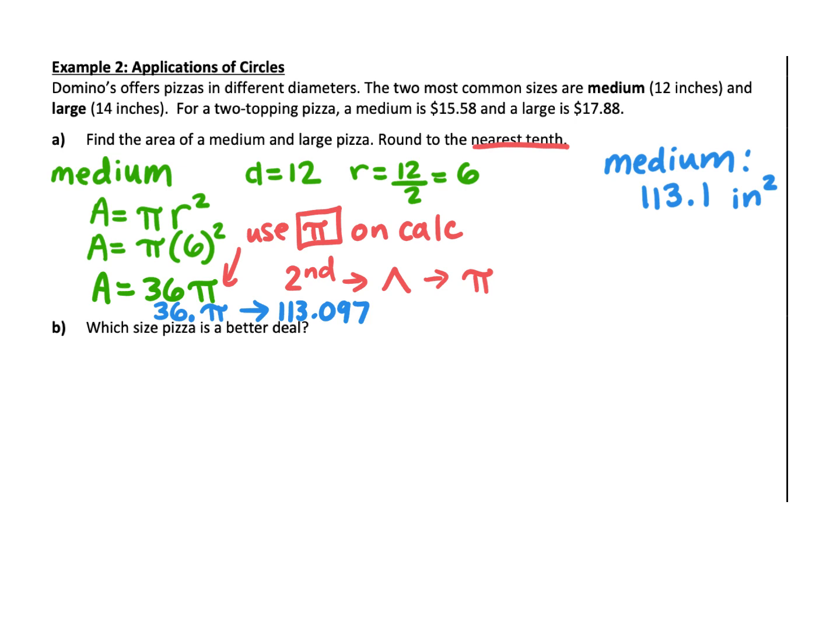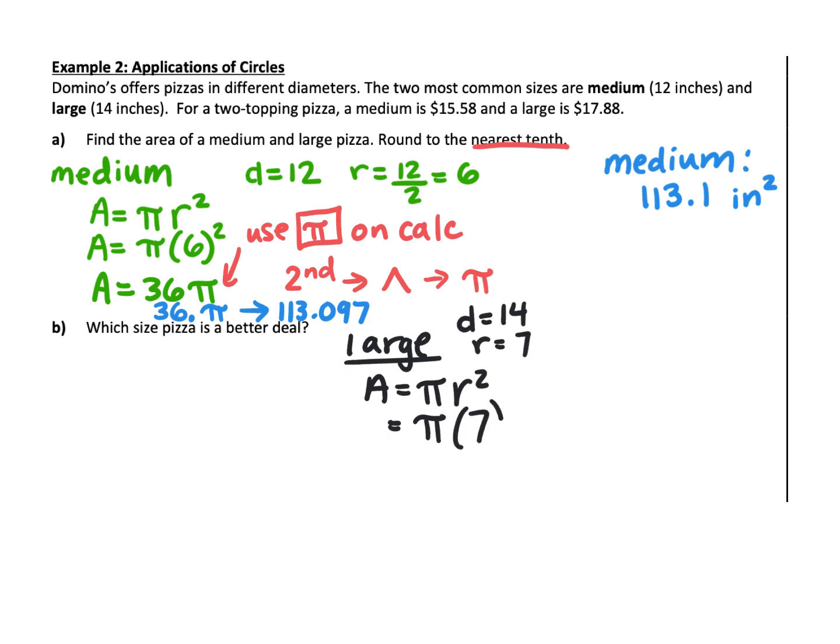So the large pizza, I'll do the large right here. Area equals pi r squared. The diameter of the large pizza is 14. The radius is half of that, so 7. So I'll go pi times 7 squared, which is 49 pi. And then again, just grab your calculator to find the value of 49 pi.